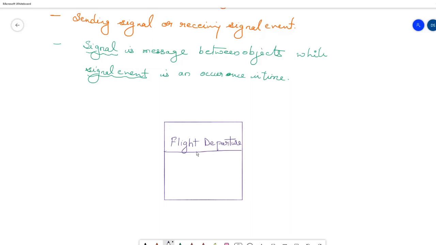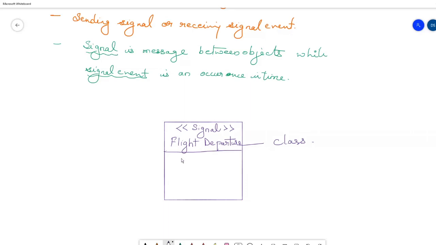Now, whenever a class is denoted as a signal, where the signal event, the occurrence, some condition is happening, we denote it like this, with two arrows and signal written in between. So this is a signal class where different information is being transmitted.